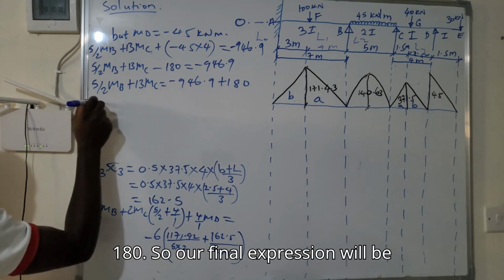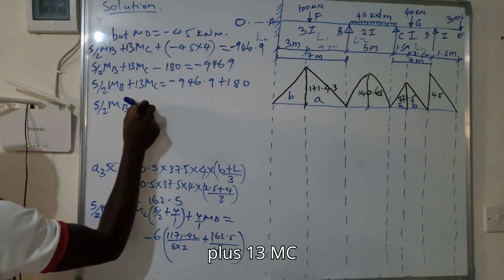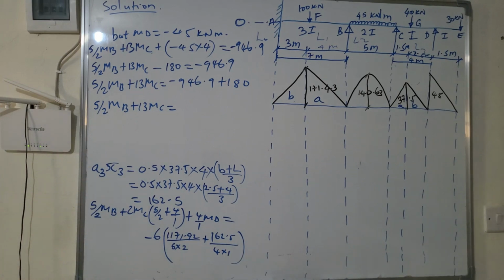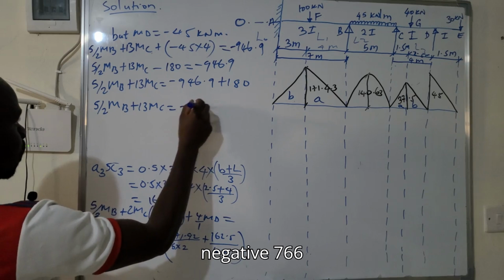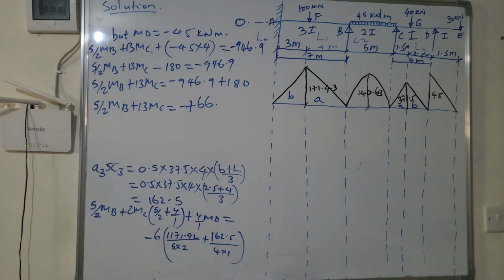So our final expression will be 5 over 2 MB plus 13 MC is equal to negative 766.9.